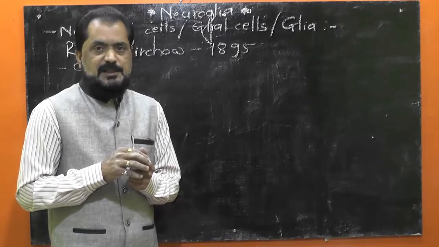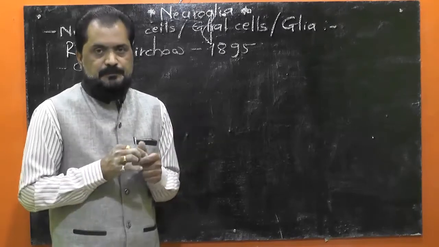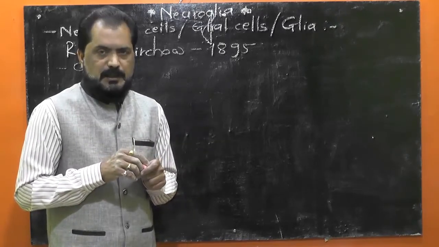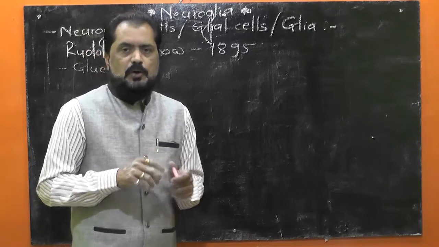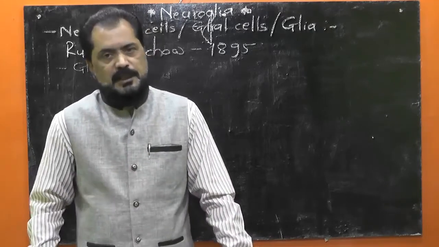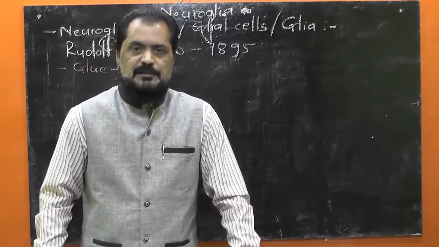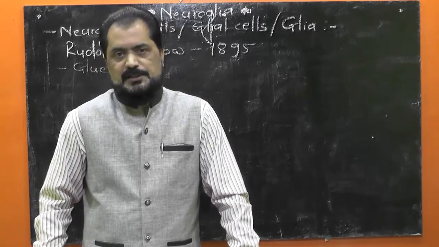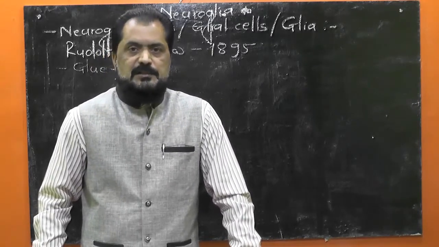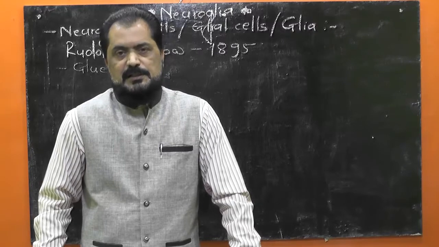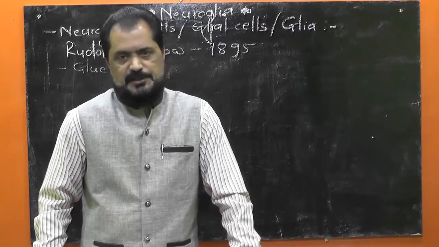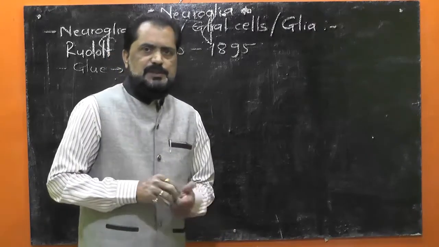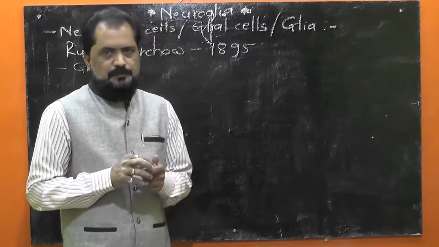Now these glial cells are of different types. Glial cells चे वेगवेगळे प्रकार आहेत, such as oligodendrocytes, then microglia, then astrocytes, then Schwann cells, then ependymal cells, then satellite cells, etc. About which we are going to discuss here one by one each.